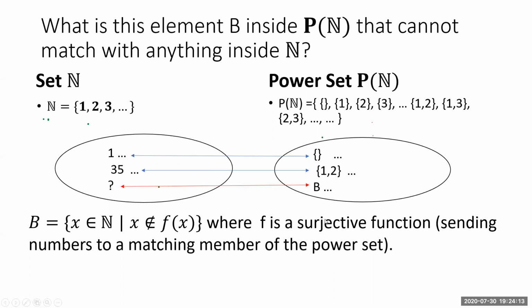Now, if f is a surjective function, that means it must be f of somebody. That's what surjective means. So if f is surjective, there would have to be a number n over here so that f of n equals B. But in the next couple of slides, I'll show you how Cantor proved that n cannot be there.